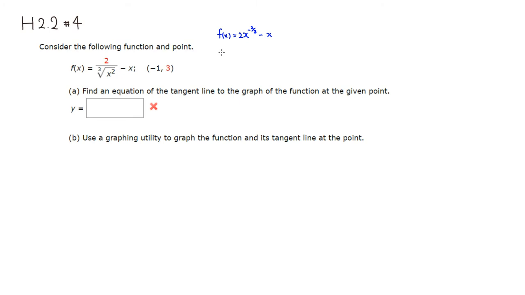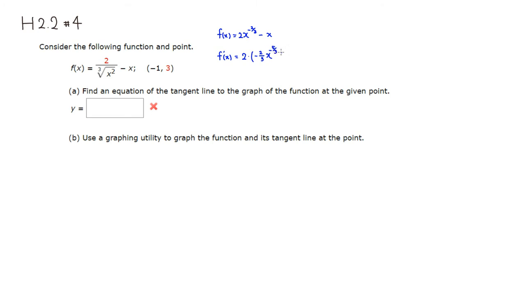Then we can take the derivative. So f prime of x is equal to 2, which was already there, then we put negative 2/3 in front and x to the power, subtracting 1 from the power, so it's negative 5/3.